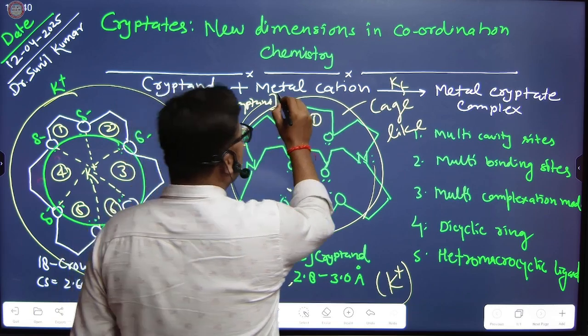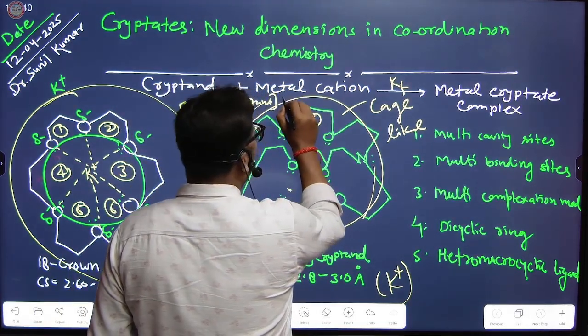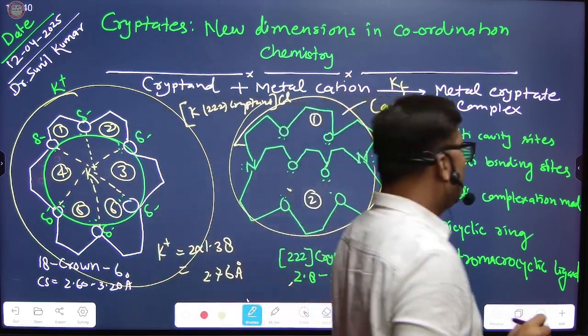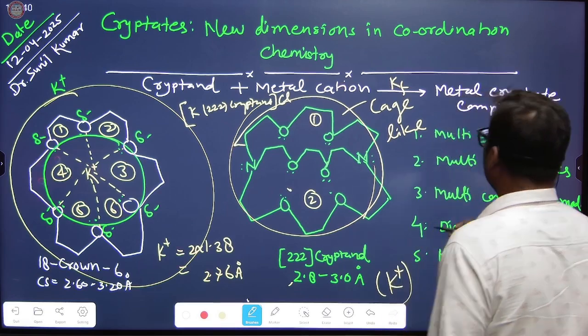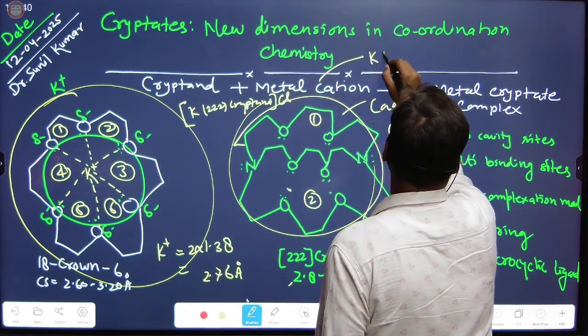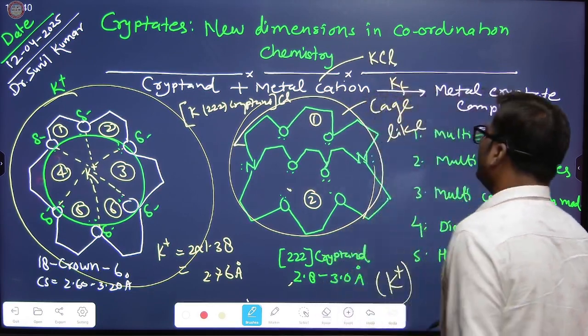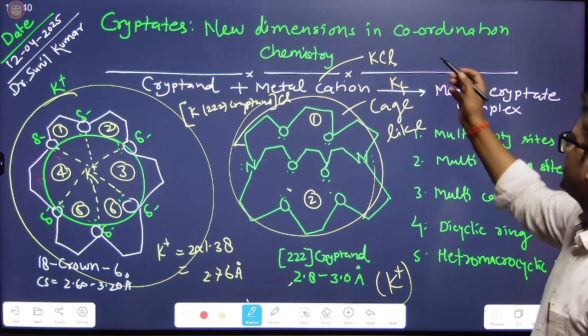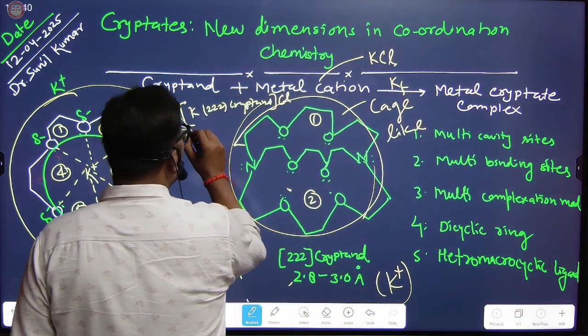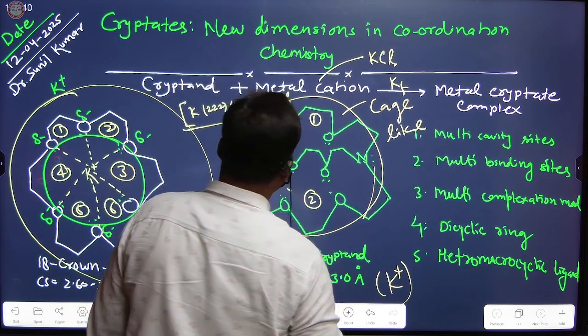This is plus, and if there is a counter anion, that is Cl, that can be adjusted in the structure. So the metal cation may be in the form of a salt. Suppose that is KCl, which contains K plus and Cl minus. So this is called a cryptate complex, right?